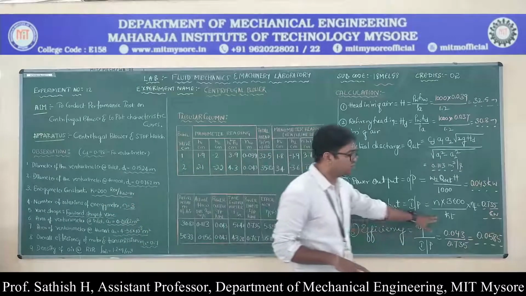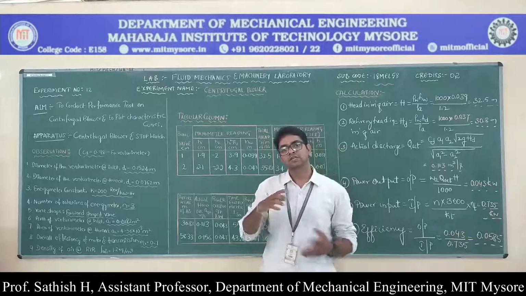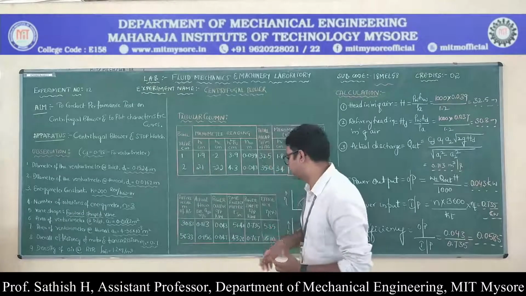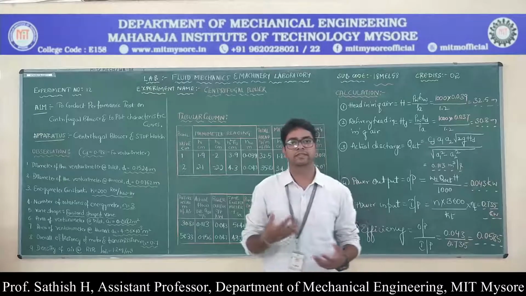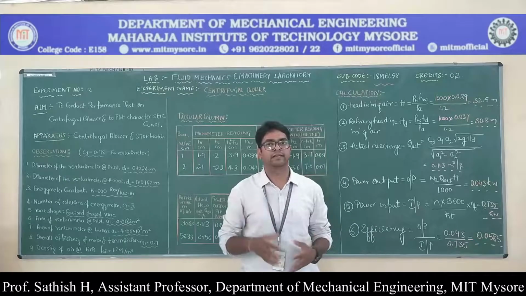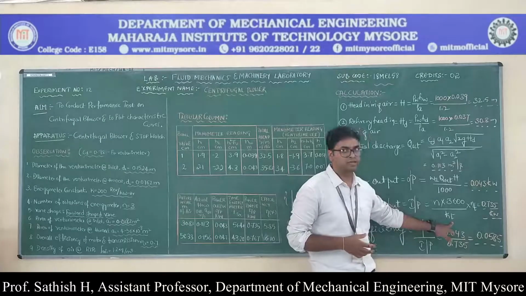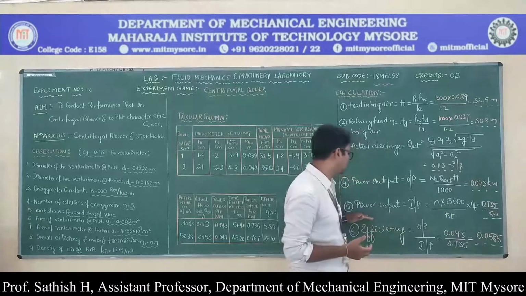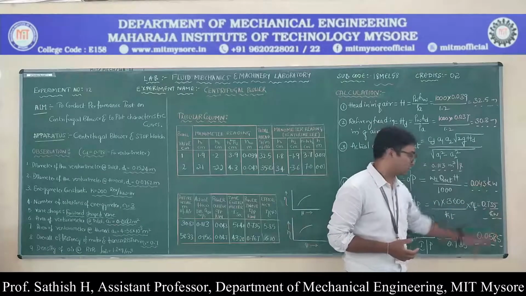You substitute that, multiplied by the time, that is, to rotate 3 revolutions, however many seconds it takes. For the first case it is 51.41 seconds to rotate 3 revolutions. After substituting, you get power input equal to 0.735 kilowatts.